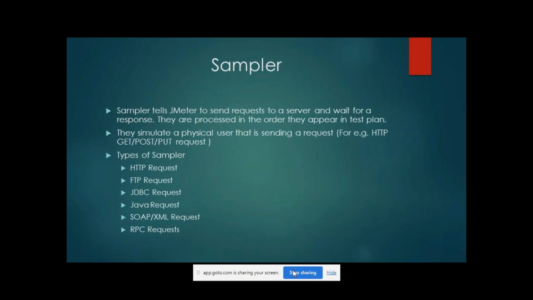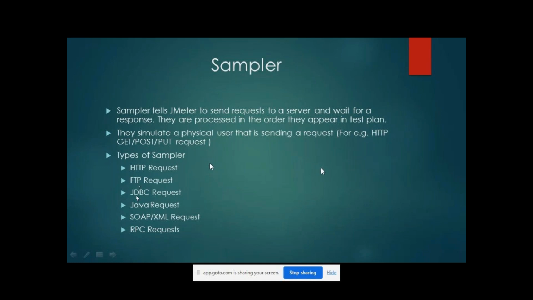They are processed in the order they appear in the test plan. And under sampler, there are a number of requests, like for example HTTP request, FTP request, JDBC, Java, RPC. Mainly, when I talk about the sampler, we always talk about the HTTP request, or mostly FTP request or JDBC. Okay.